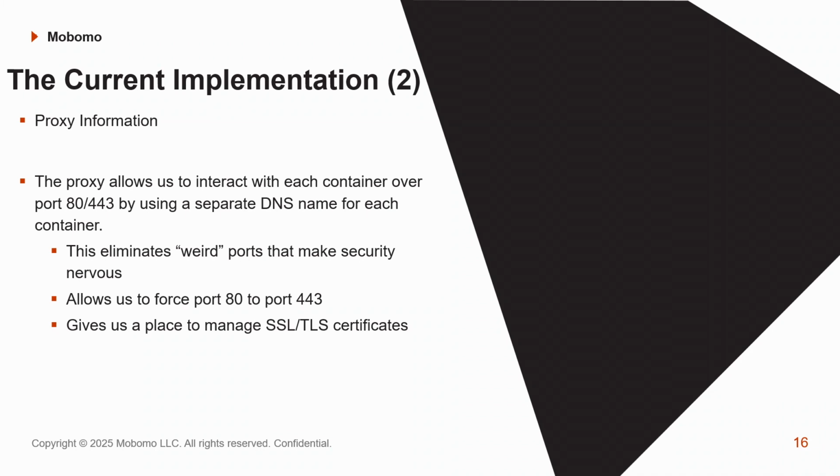So the proxy bears some talking about in terms of security footprint, because if we were going to allow the front end to directly connect to Ollama and ChromaDB, there's two weird ports hanging out there that security is going to look at, right? 11434 or something, and 8000 for ChromaDB. So what we can do with the proxy is assign a DNS name to each of the containers and have the proxy intercept calls to that DNS name on port 80, forward that to port 443, so we've got secure communications.